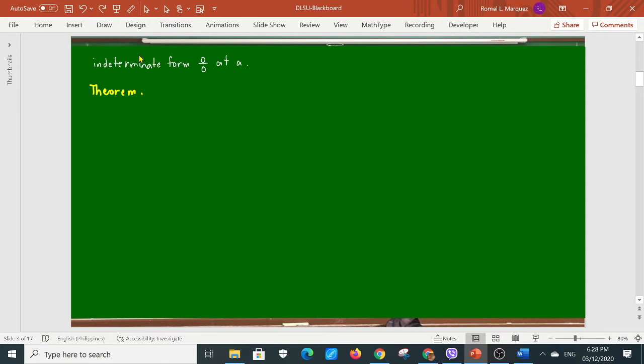This theorem states that if a is a real number, and actually we had this already last time, and we're just recalling these important principles that we need when evaluating limits algebraically.